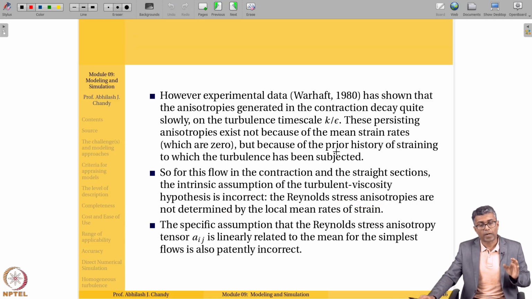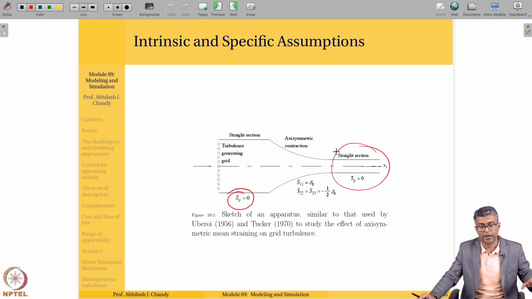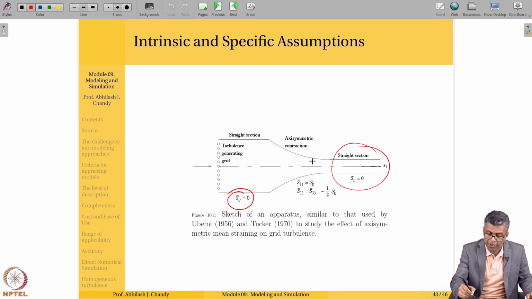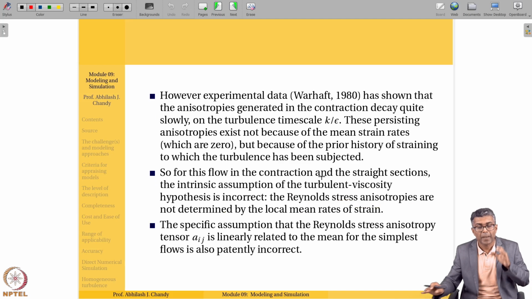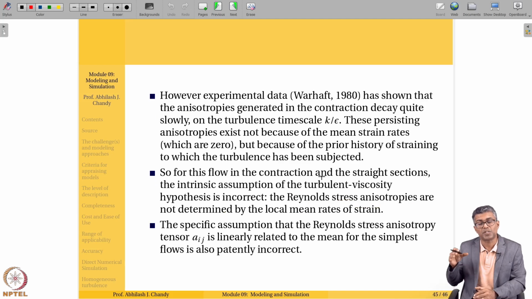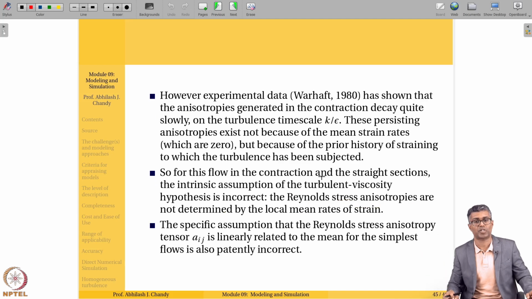However, in experimental data, the anisotropy generated in the contraction does not make the mean strain 0 in that second straight section, because they decay quite slowly, based on a turbulent time scale.